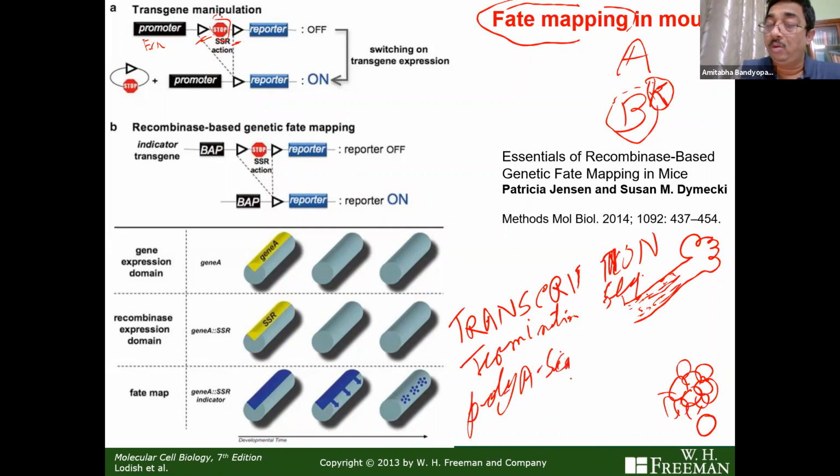It is some 1,000 nucleotides long. You put that between two LoxP sites, and then on the other side of it, you keep a reporter. The reporter can be alkaline phosphatase, GFP, RFP, whatever you want. Nowadays there are some very fancy looking reporters.